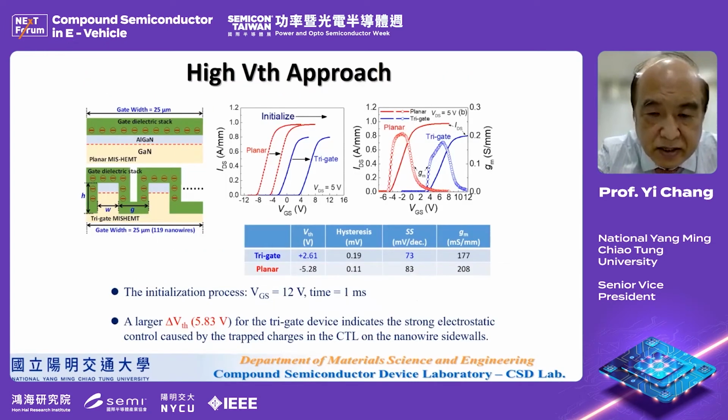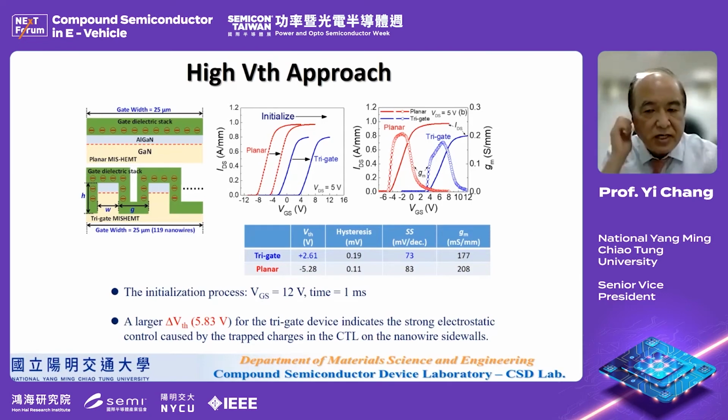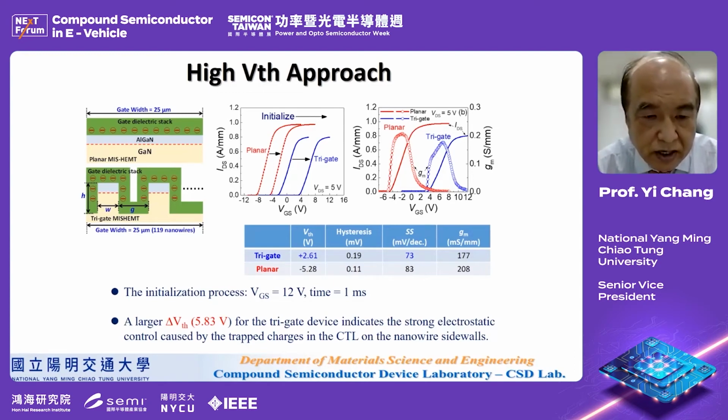And this is the device performance. You can get a high VTH of 2.61, a subthreshold slope of around 73, and a GM of 177. The initiation process is by applying a gate source voltage of 12 volt for 1 millisecond.